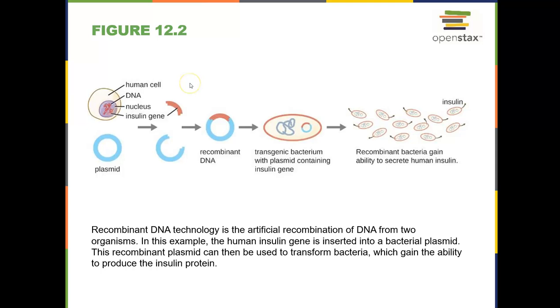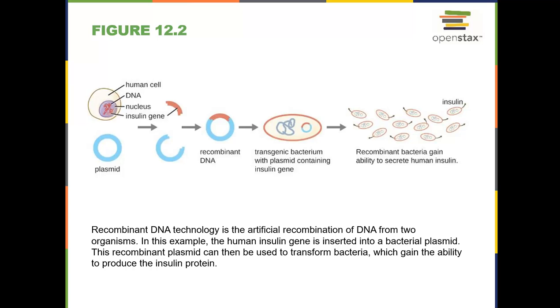So recombinant technology is the artificial recombination of DNA from two organisms. So like for human genes like insulin, people that are diabetic aren't making it. And so what they did was they took the gene from a human cell that codes for the insulin protein, and they cut it and they put it into a plasmid, and then they put it into E. coli.